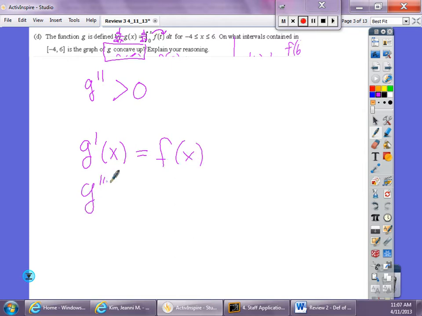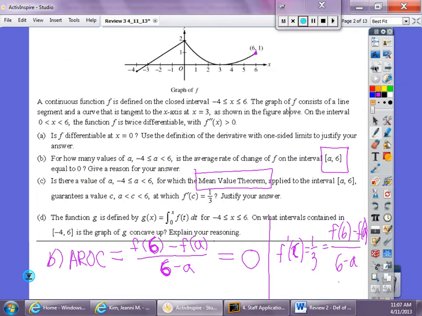Therefore, to take the second derivative, it would be the first derivative of f. Therefore, given that statement, I'm going to go back here and make f prime sign chart from -4 to 6. So, here, it's undefined. I think they told me there's a horizontal tangent at 0.